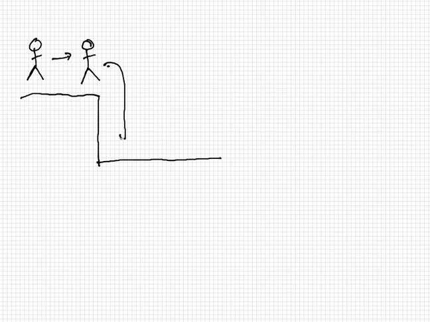So then I push him and he falls. I will change the story. So this person here jumps to the ground. Let's say the height is 100 meters. No, let's make it smaller. Let's just say 4 meters.